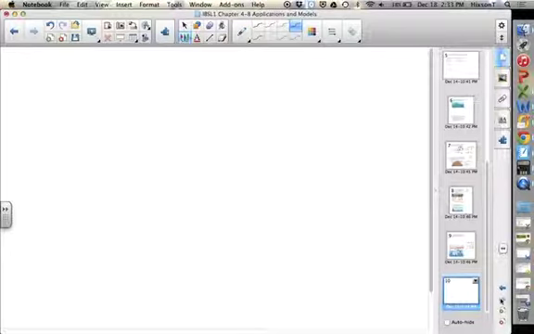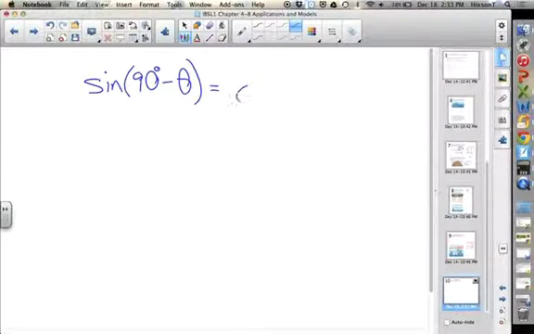Let's do a couple more practice things here. What does this equal? Cosine theta. Make sure when you give answers that you put the theta in there, okay?